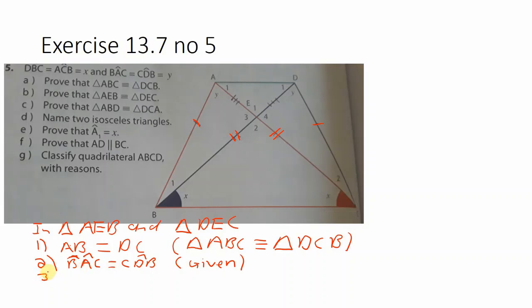And then thirdly, I can see we have this angle staring at the other angle where they cross, so we know it's vertically opposite angles, so therefore E3 equals E4.